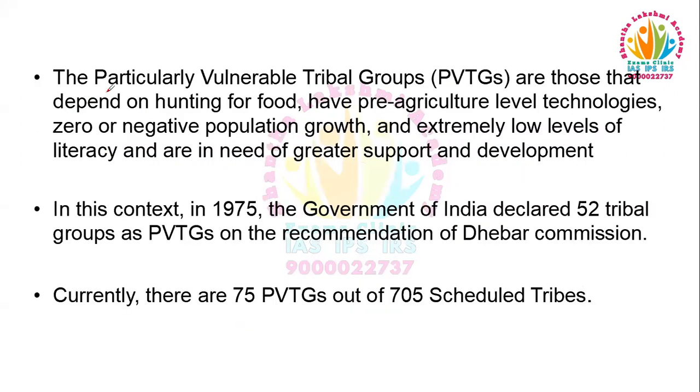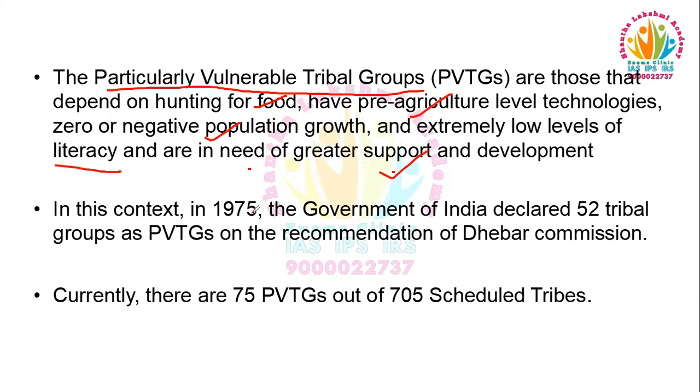Who are PVTGs? Those tribal groups who are dependent on hunting for food, who have pre-agriculture level of technologies and zero or negative population growth, and those tribes who have extremely low levels of literacy and are in great need of support and development are listed under PVTGs, particularly vulnerable tribal groups.